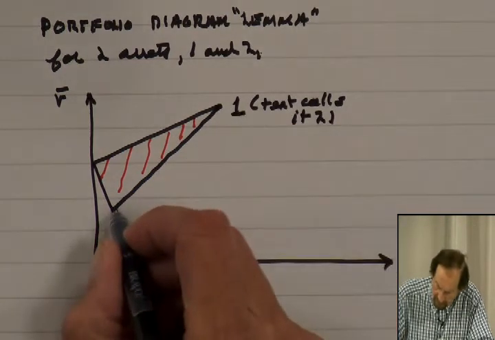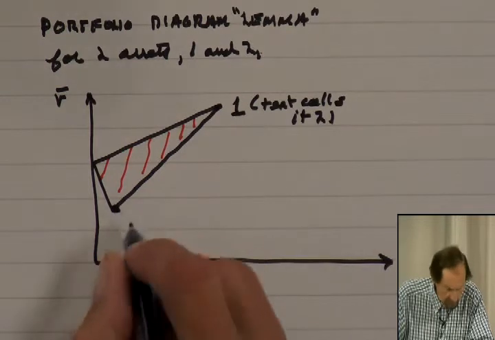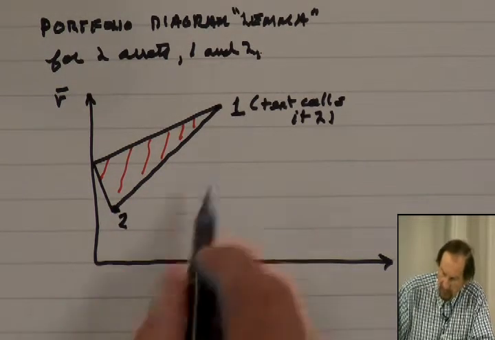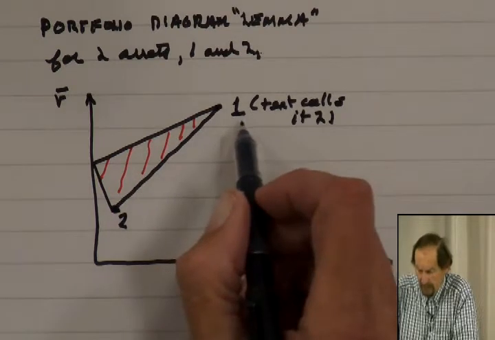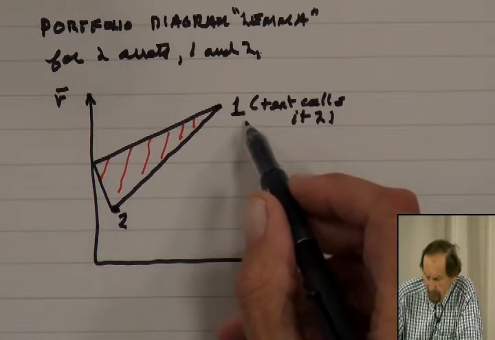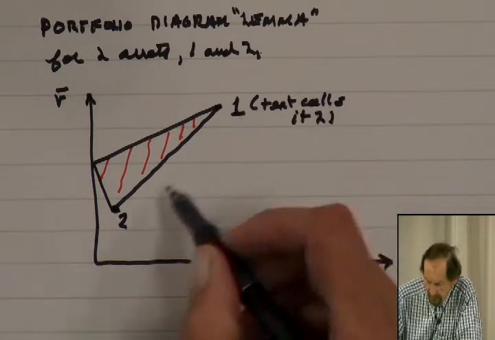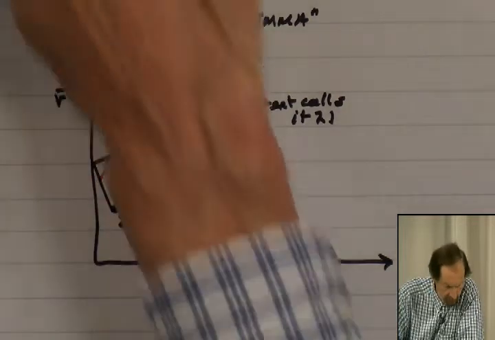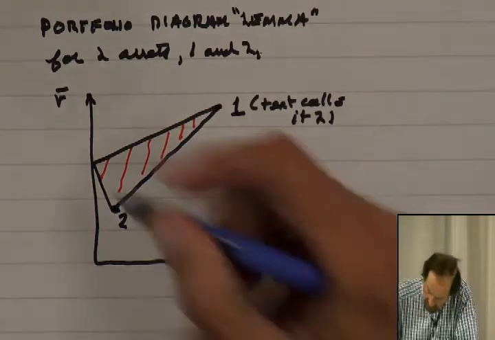And I think you'll see why. 1 is the highest. Then 2 is this one. So this is the risk and expected reward for asset 1. This is for asset 2. Now, let's draw a line in here.